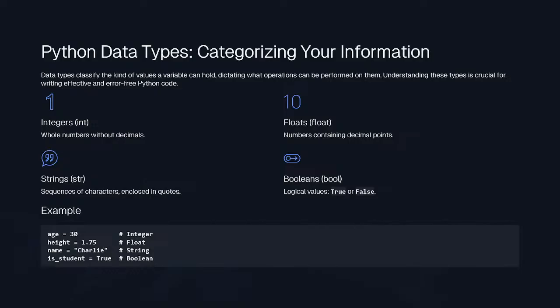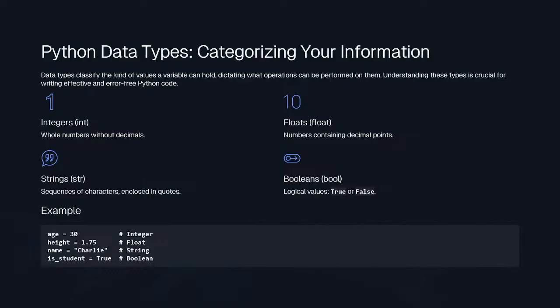Anything that is inside a quote is a string, like the name Charlie or any other name, Ananya, or a sentence like my name is dash dash dash, or this number is 10, or I am taking Python presentation. Any sentence, any number, and anything that is enclosed within quotes is a string.